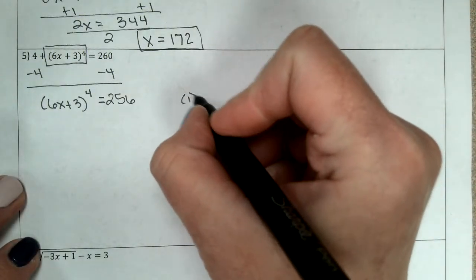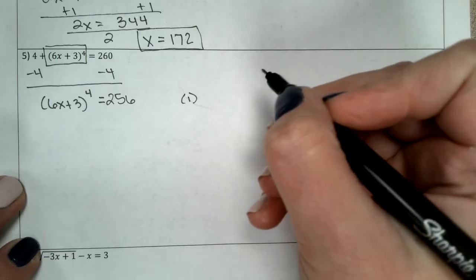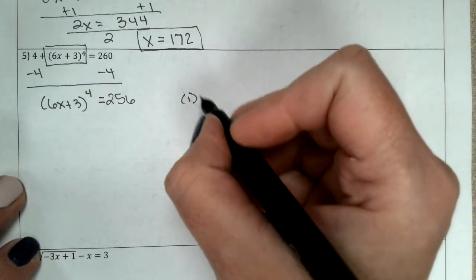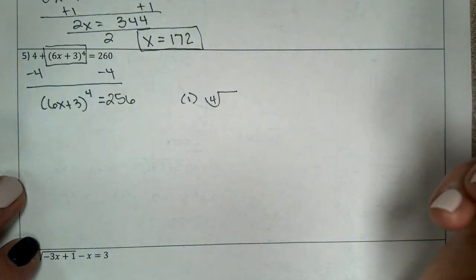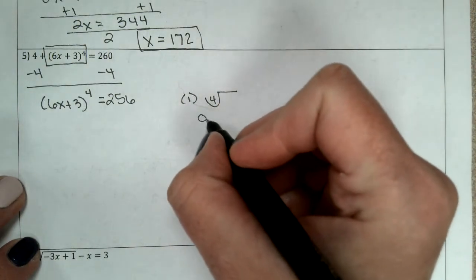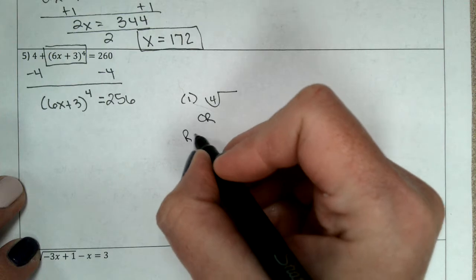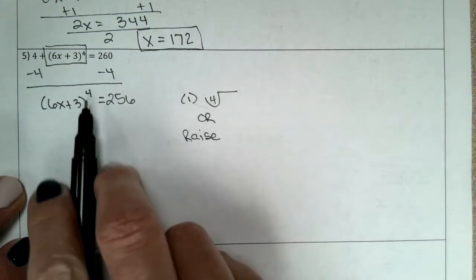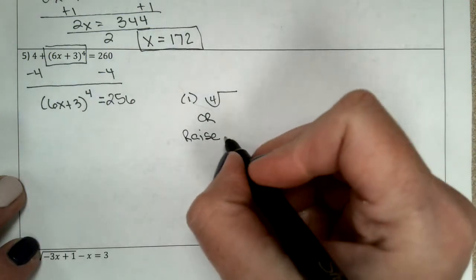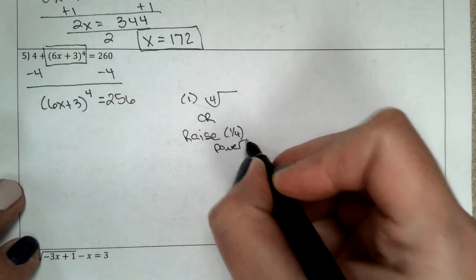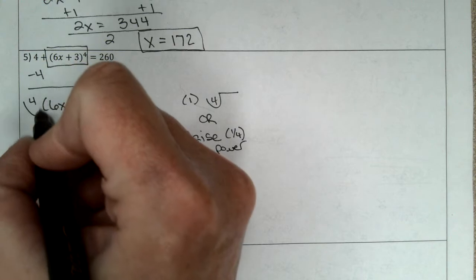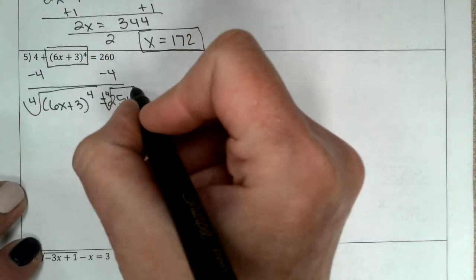So option number 1 is you can take the 4th root of each side, or you can raise each side to the reciprocal of 4, which is the 1/4 power. I'm going to take the 4th root.